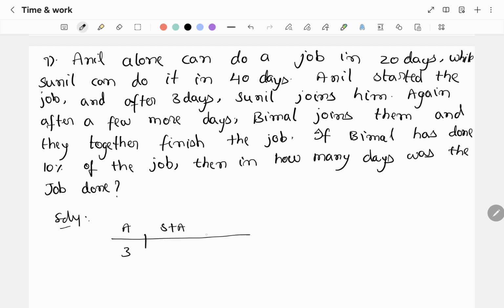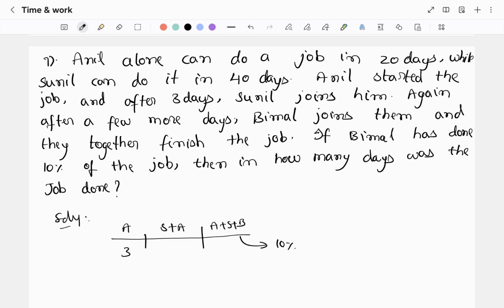Again, after a few more days, who joins? Bimal, means Anil, Sunil and Bimal. They completed the job. But out of which, 10% of the job is done by whom? Bimal.